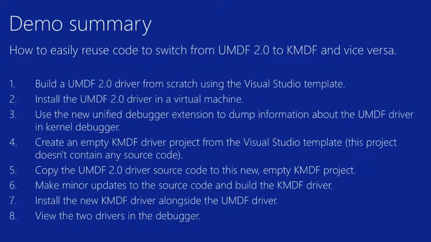Then we will install the UMDF 2.0 driver in a virtual machine. We will then use the new unified debugger extension to dump the driver information about the UMDF driver in the kernel debugger. We'll create an empty KMDF driver project from the Visual Studio template.